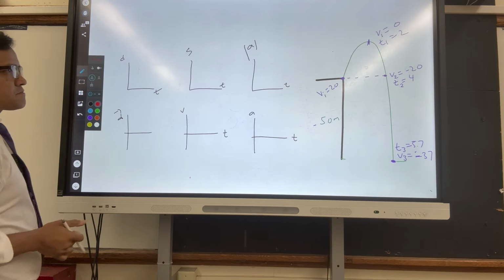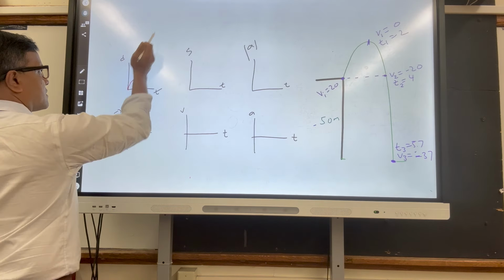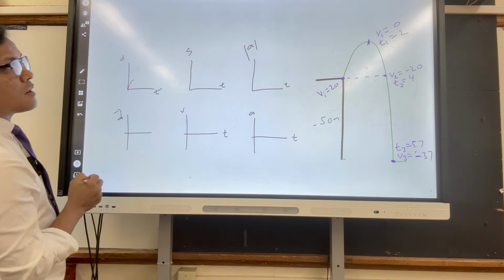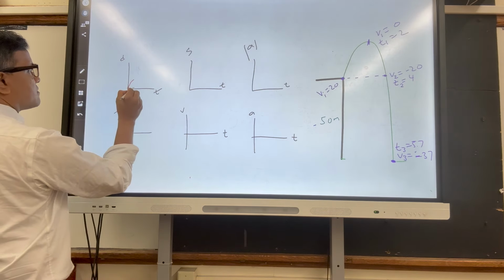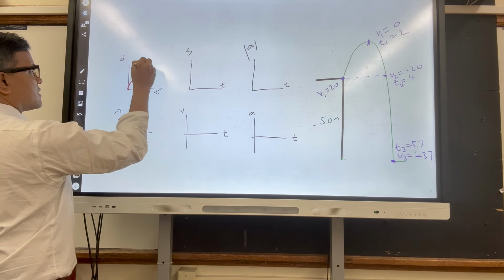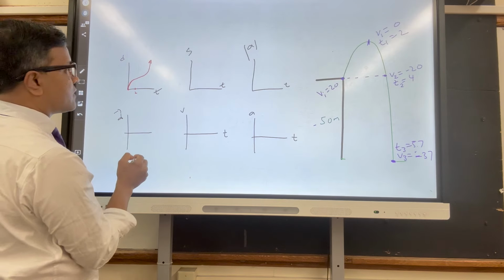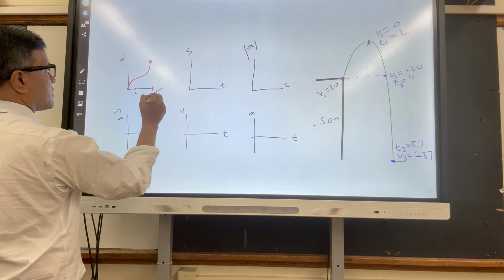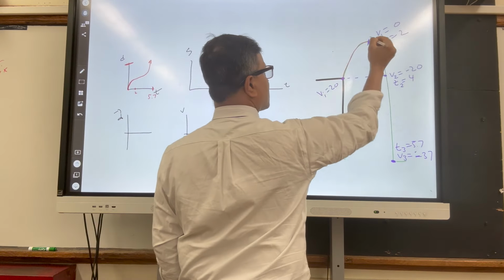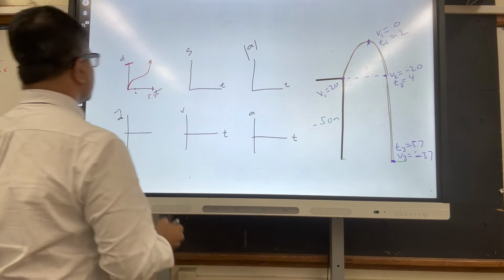You decrease your velocity a little bit from t1 to 2 seconds, and then you increase your velocity. How long? All the way to 5.7. Okay. From here to here 20, here to here is 20, here to here is 50. So this is 90.